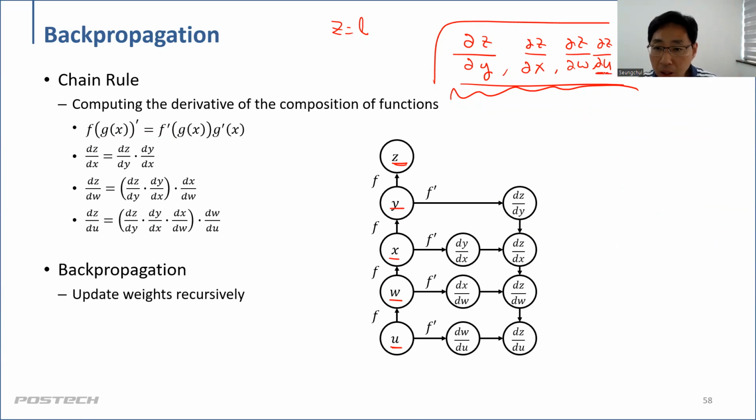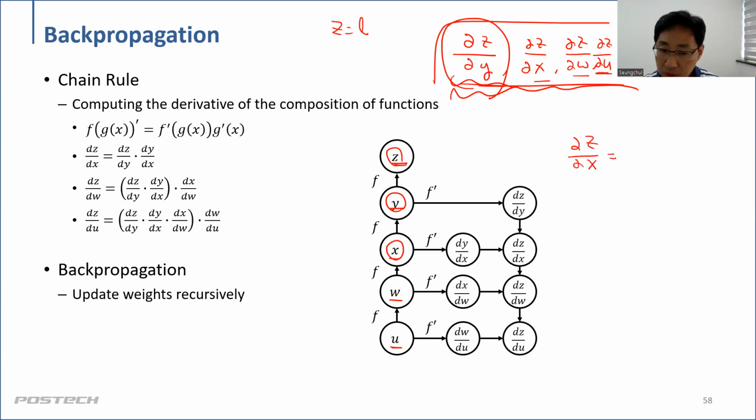Now, I mean, we have to compute all of them. And then let's see. Let's find out this one first. This one we have to compute. And what about x? We have to compute that.